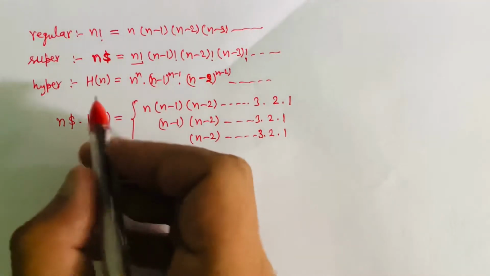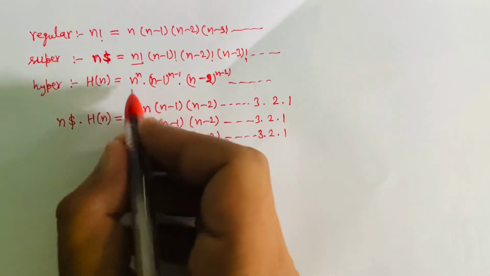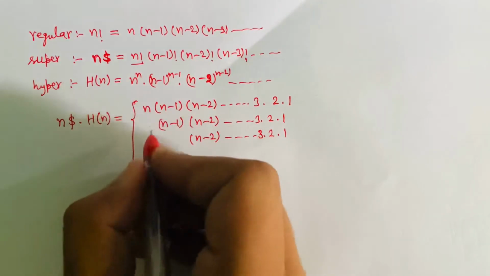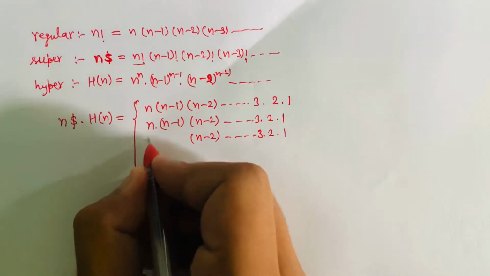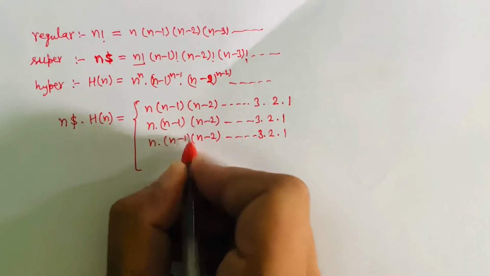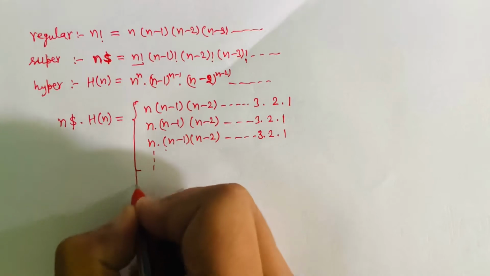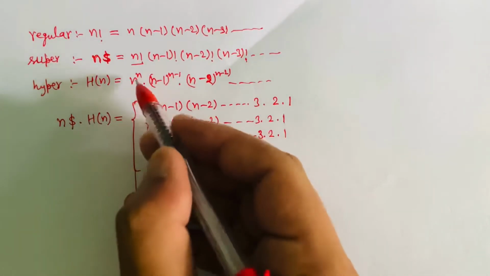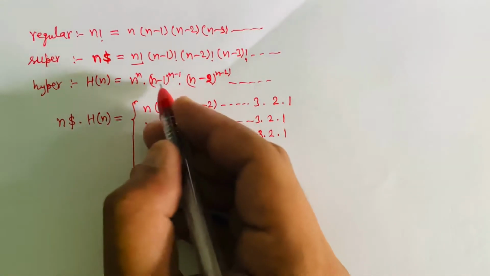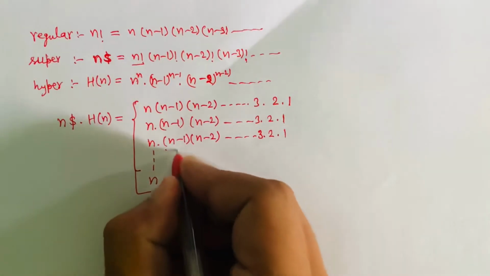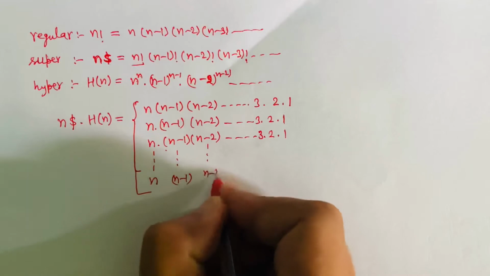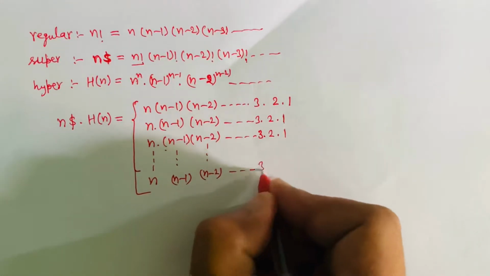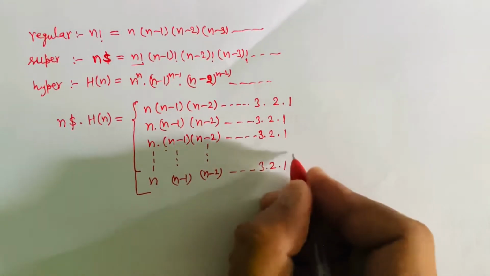Now we multiply this by the hyperfactorial. It will be n into n minus 1 and so on, because here n appears n times and n minus 1 appears n minus 1 times, then n minus 2, and so on up to 3, 2, 1.